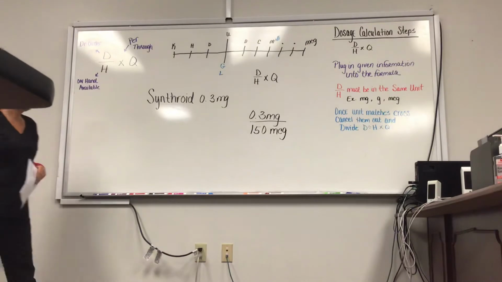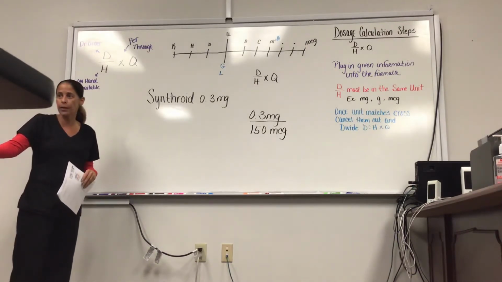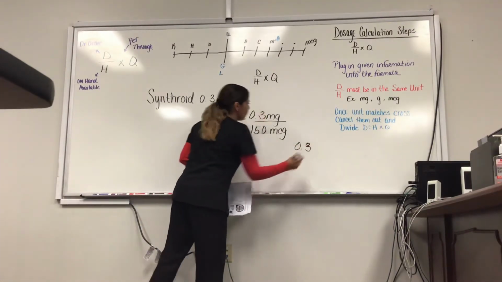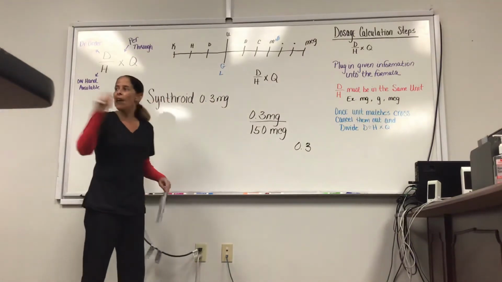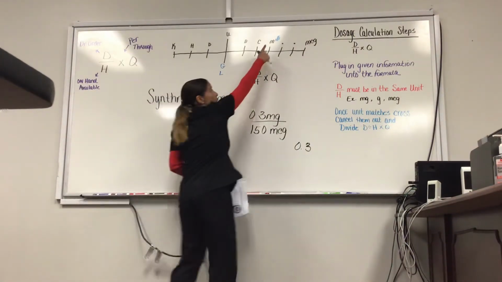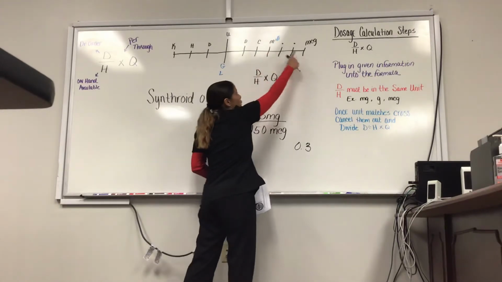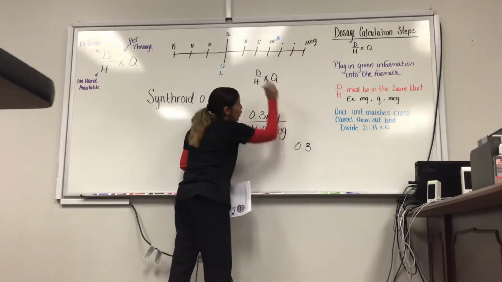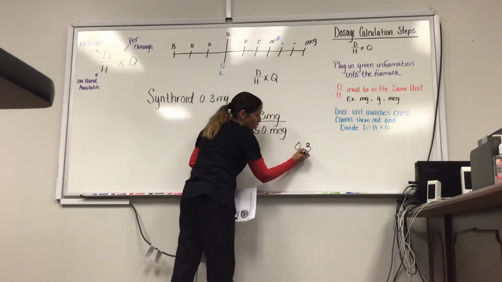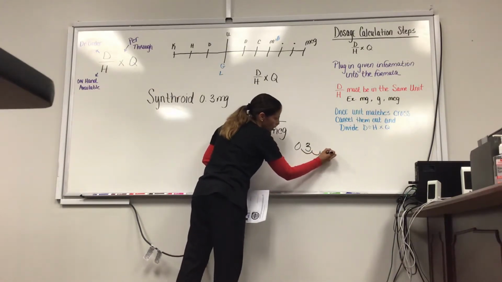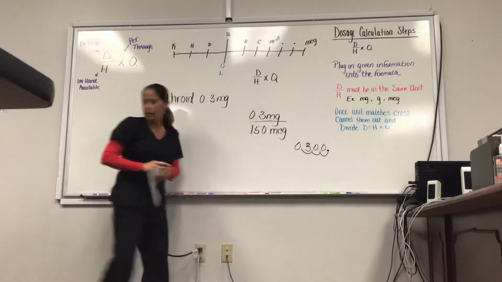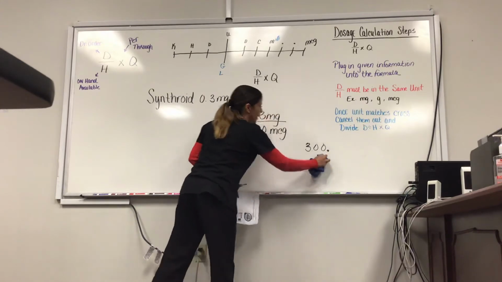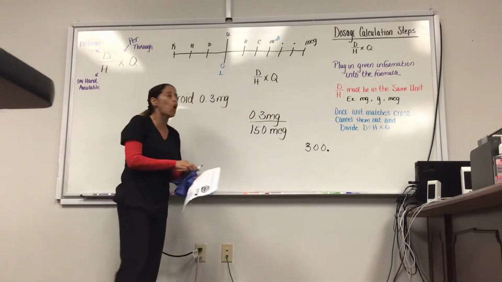So we need to move milligrams to micrograms. So we have our 0.3, okay? Now is when we have that prefix milli. So find milli, and then we're going to go to micrograms. So we're going to go 1, 2, 3 to the right. Same way you go down the tick line is the same way you move this. 1, 2, 3. And 300 has now become 300 what?